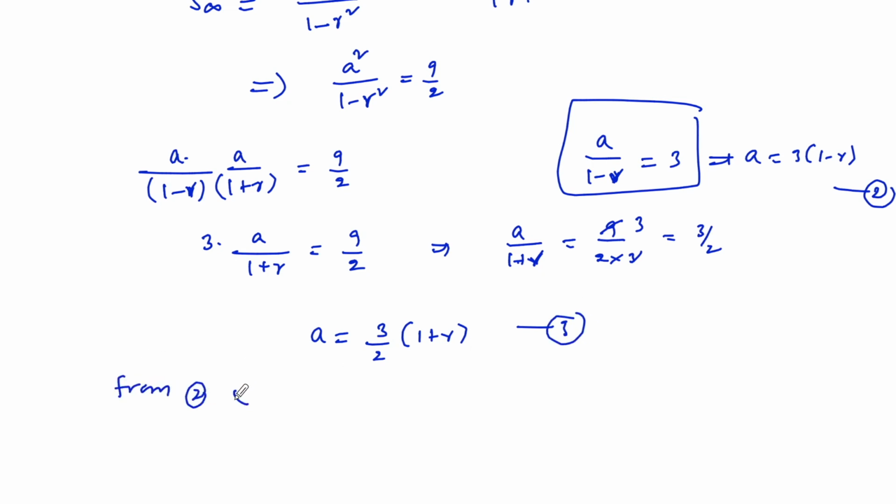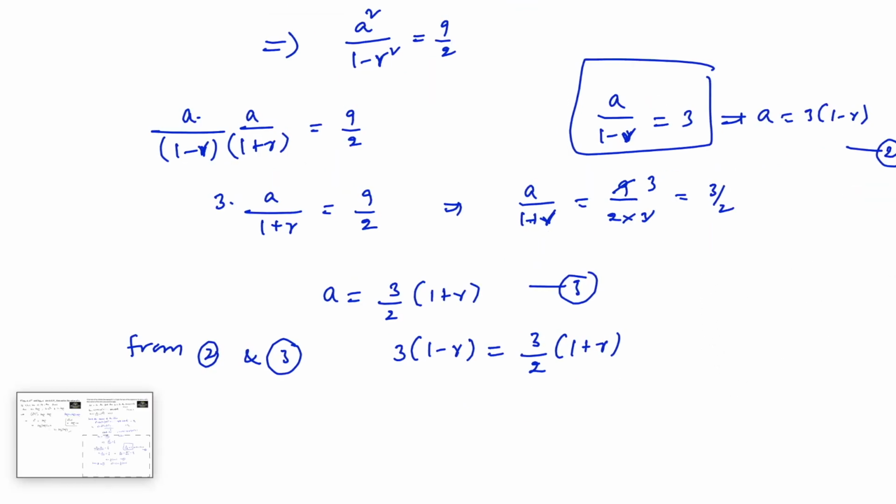we can write 3 times (1 minus r) is equal to 3 upon 2 times (1 plus r), or simplifying, here 3 gets cancelled.